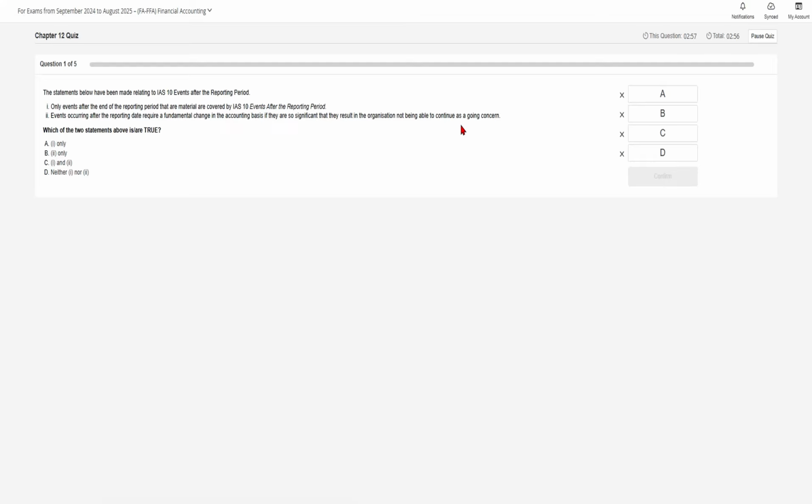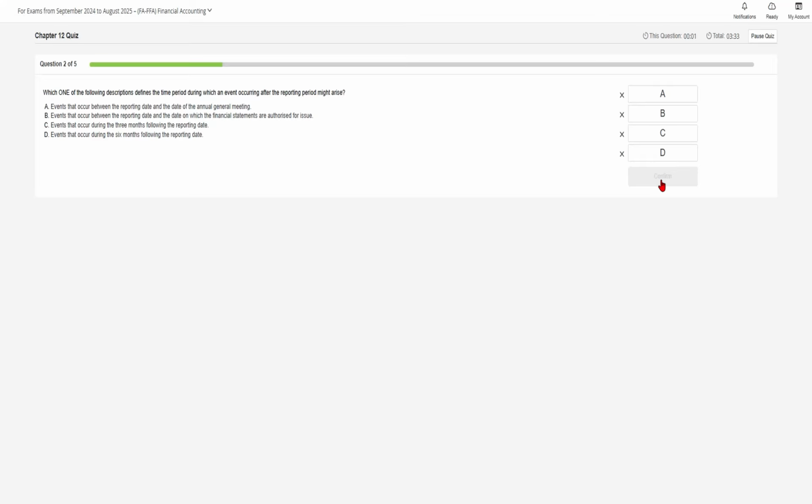In that case, as per IAS 10, we need to make changes in the basis of accounting from going concern to the break-up basis or any similar approach. So the entity must not prepare its financial statements on a going concern basis even if such an event occurs before the financial statements are authorized for issue. Again this statement is correct, so both 1 and 2 are correct.